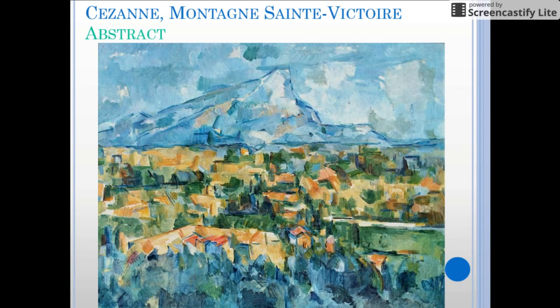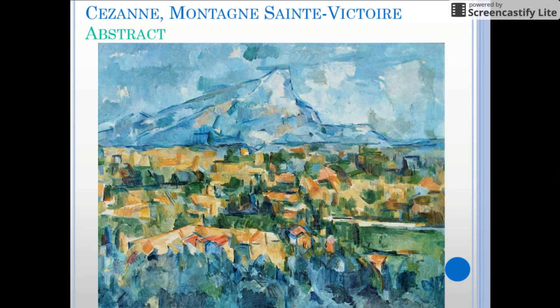Abstraction is taking something you can see, you can recognize, such as a mountain, or a person, let's say, and breaking it down, breaking down the elements. And so you'll notice this isn't photographic. We're not looking at it and saying, wow, that looks exactly like the mountain. It's not a photographic representation and it's not meant to be.